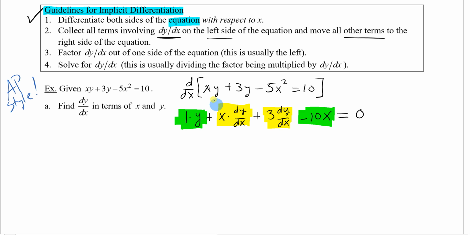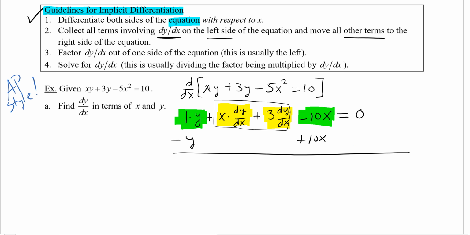So I'm going to keep these terms here, but move the other terms by subtracting y and adding 10x to both sides. And that'll give me 10x minus y.